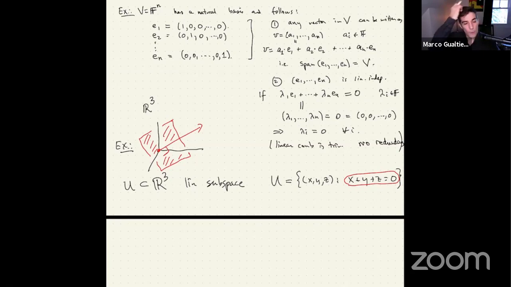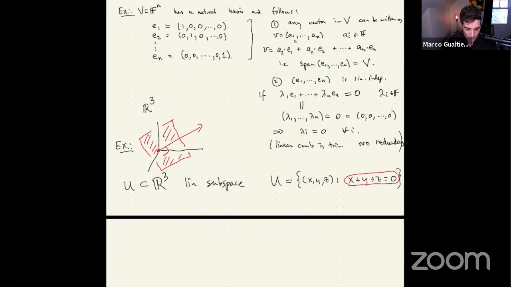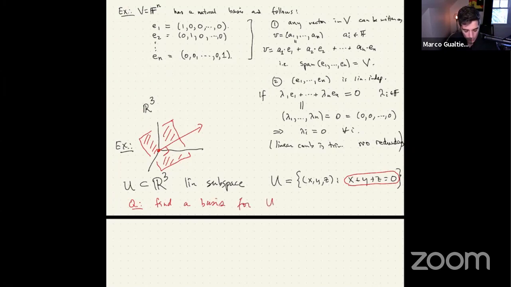So this is a subspace of R3, and it is therefore a vector space over the real numbers. And we may ask the question: find a basis for U. Can you find a basis for U?